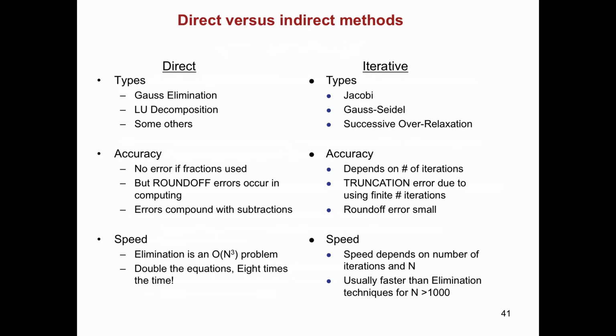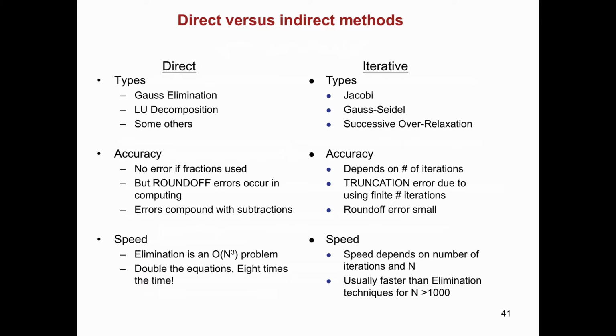But I have some truncation error because I didn't actually use the true solution formula. I'm just iterating and hoping to get close to my solution, so I have to chop off my formula somewhere. So the speed depends on how many iterations I need to get there, and it can be much faster for n larger than 1,000. It can typically be much faster.